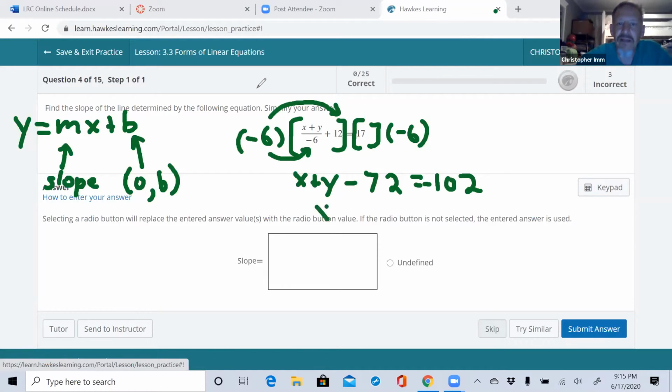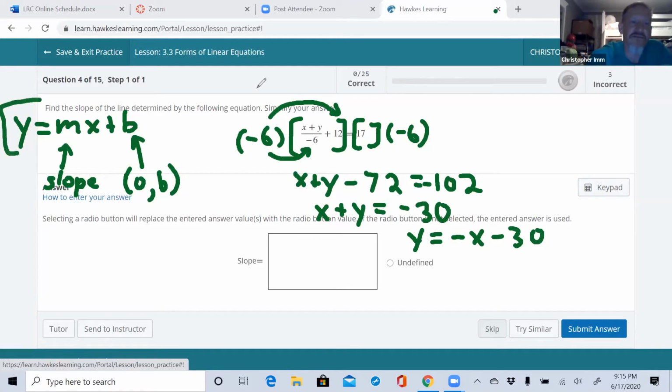I'll have x plus y is equal to, if I add 72 to both sides, I would have -30. And then I would have y is equal to -x minus 30. This is in that slope-intercept form.